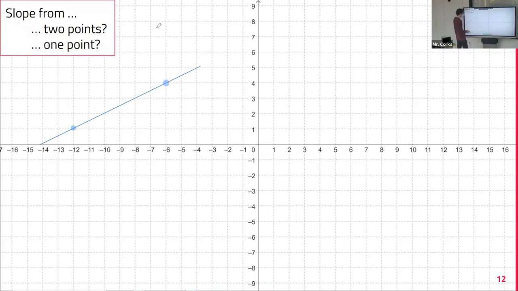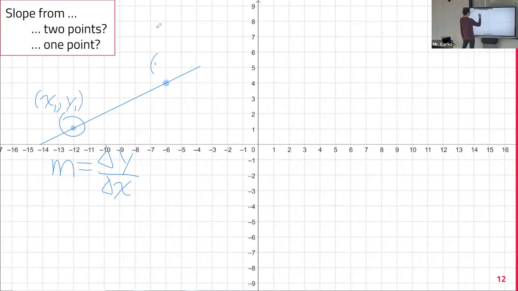We can draw a line between the two of them, and what is our slope formula? Right, delta y over delta x. And we have our x1, y1, and this one is x2, y2, and then this turns into y2 minus y1 over x2 minus x1.